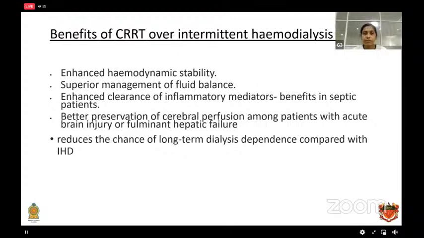Fluid management wise, it is superior. So disequilibrium syndrome is less with CRRT because it is a continuous renal replacement therapy. So there's no rapid fluid shift. That is the reason.